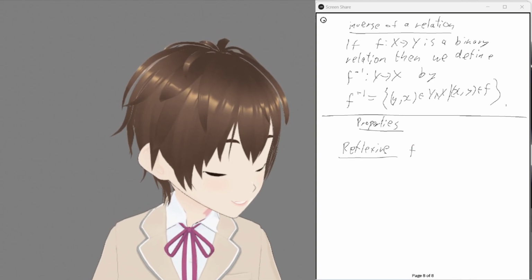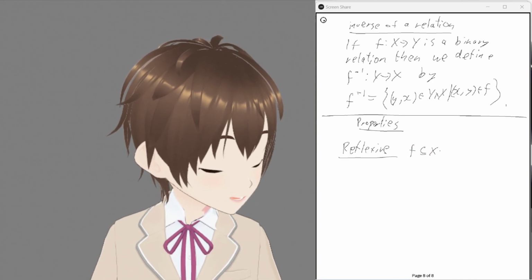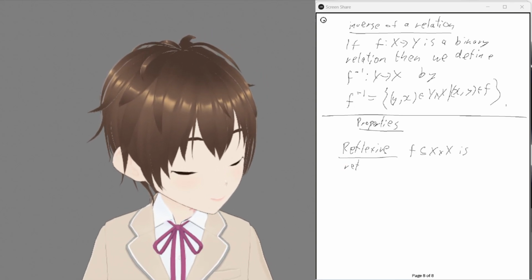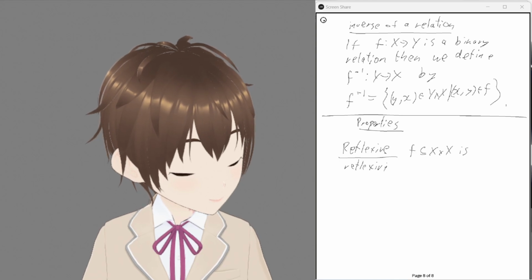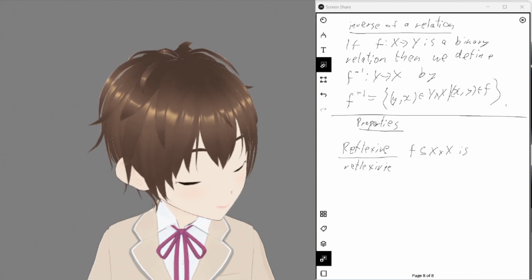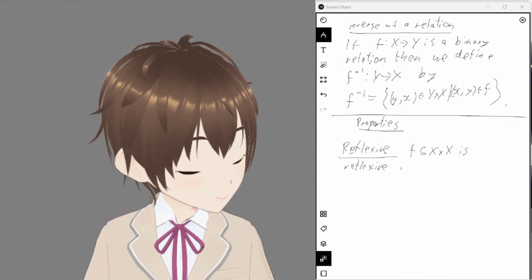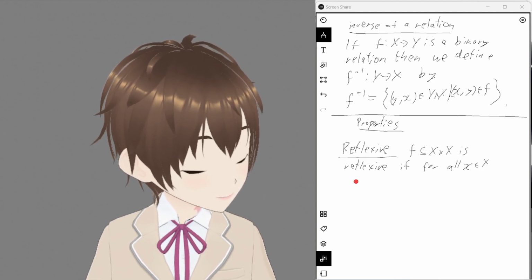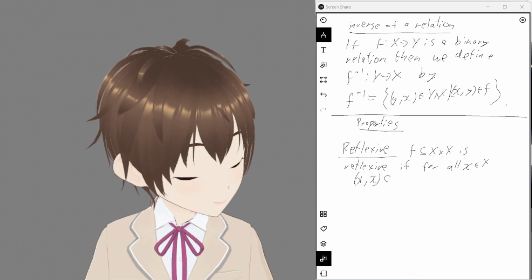So F, a subset of X times X, so it's a relation on X, is reflexive if for all x in X, (x, x) is in F.